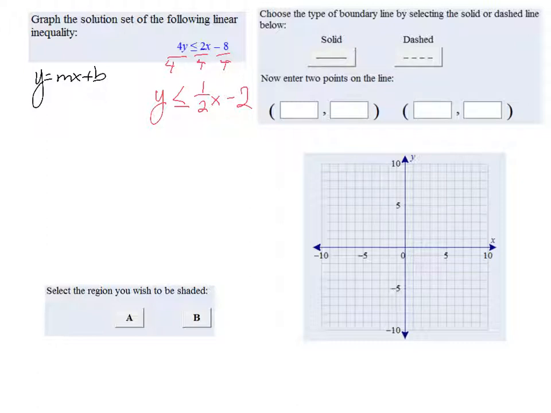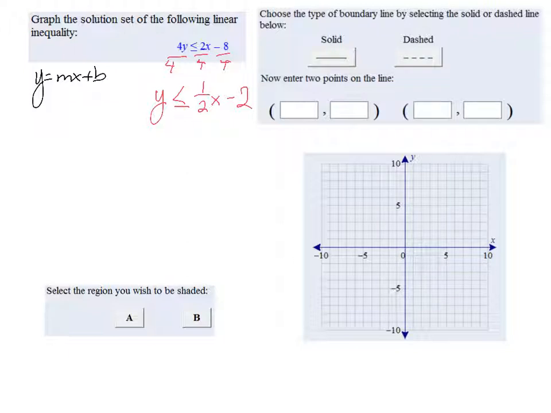One of the things that's important to recognize is whether or not your inequality has an or equal to symbol. What that's going to mean is that all the ordered pairs that actually land on the line are part of the solution set, because it's a less than or equal to. But if this was not an or equal to, then the actual boundary line, those ordered pairs, wouldn't work.